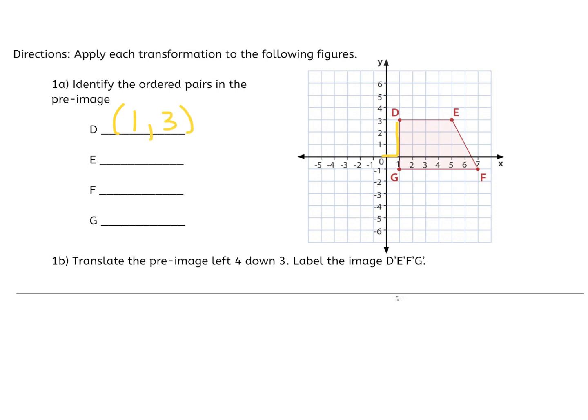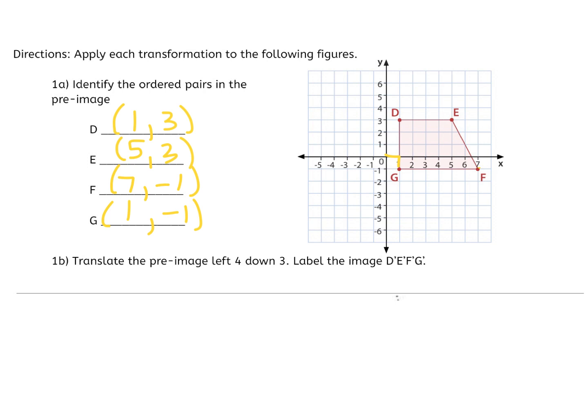E is forward 5, up 3. F is forward 7 and down 1, so 7, -1. And G is forward 1, down 1, so 1, -1.